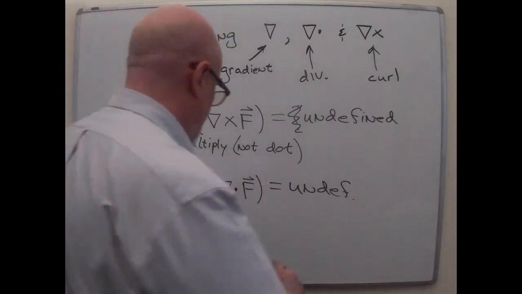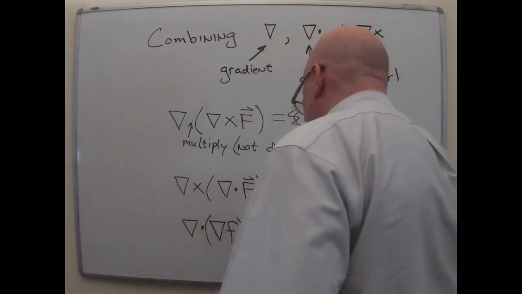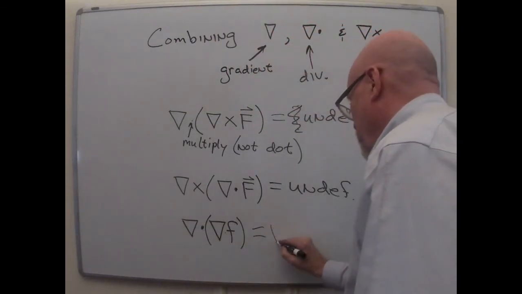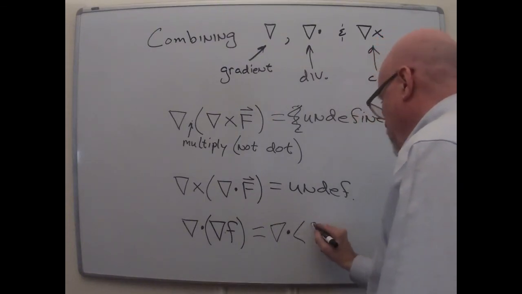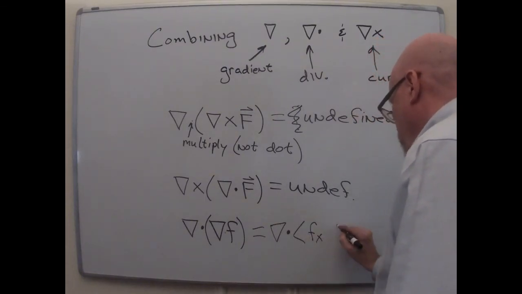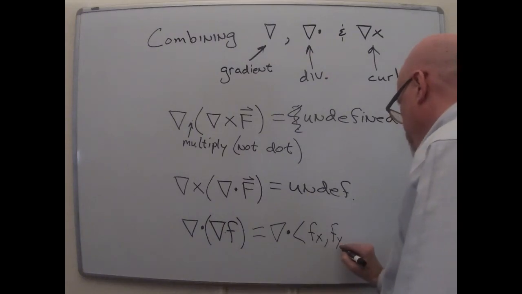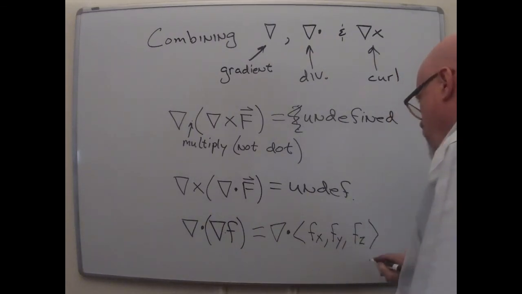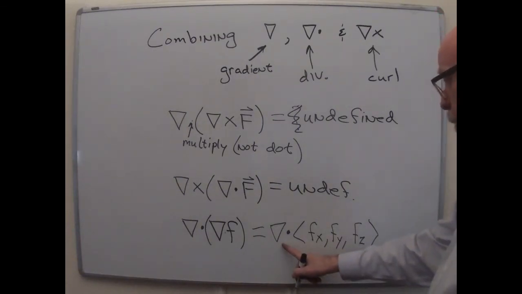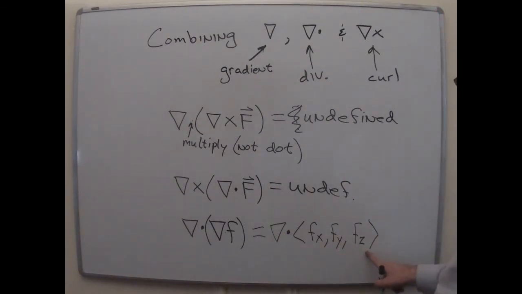So what is that thing? You can do it, and let's see what it gets you. That'll be the del operator dotted with the gradient of f, so f sub x, f sub y, f sub z. And then what does del dotted with this vector do?